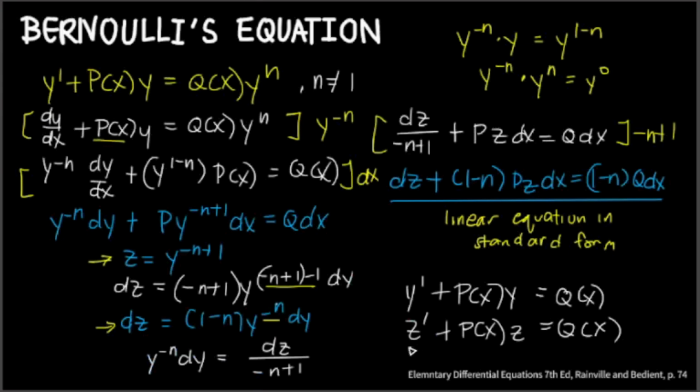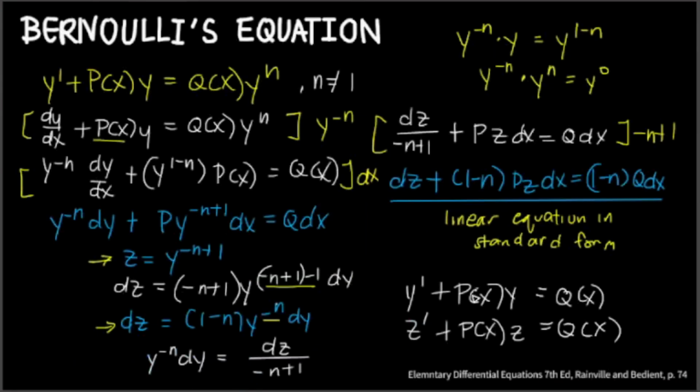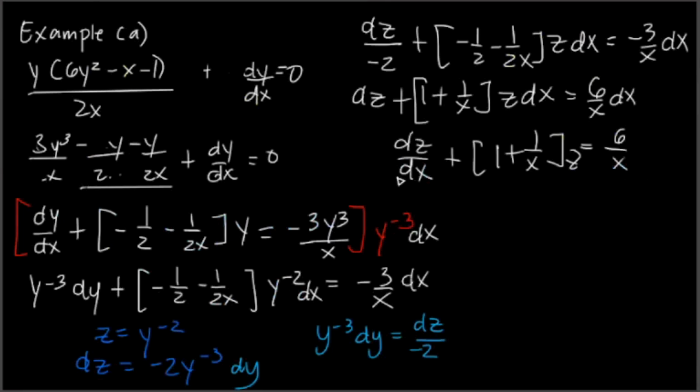Tapos, nakuha na natin yung z prime, p of x, z. So, may z dito. Tapos, yung q of x natin. Yan na natin siya in the standard form for linear equations of order 1. So, we can solve this in ways na nasosolve natin yung linear equations of order 1. So, next natin gawin is hanapin natin yung integrating factor.